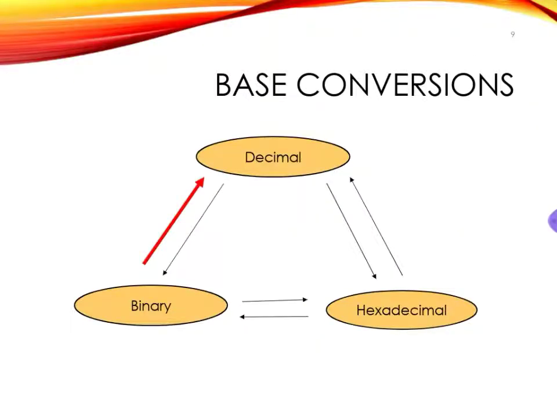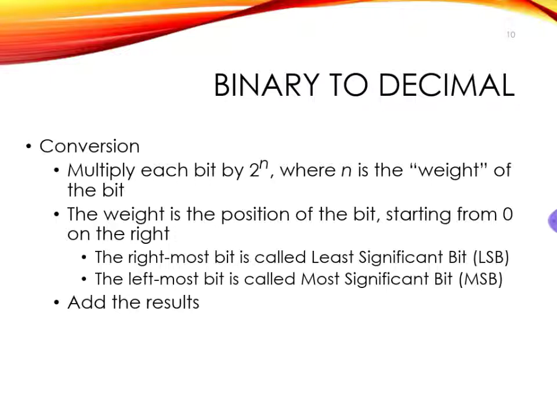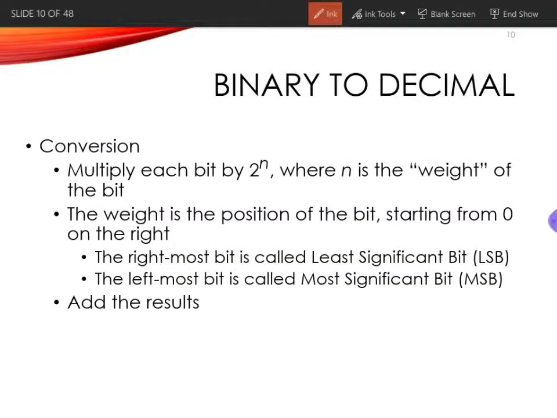So let's start with the conversion of binary to decimal numbers. The process is that we multiply each bit by 2 to the power n, where n is the weight of the bit, which means the position number of the bit.